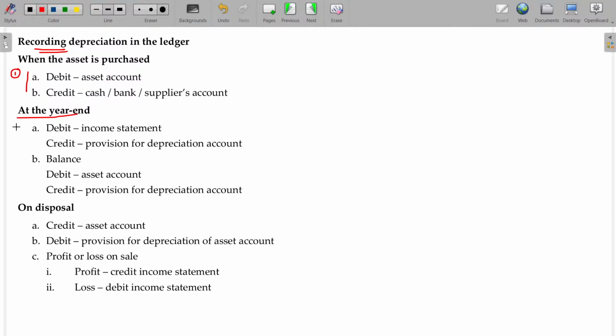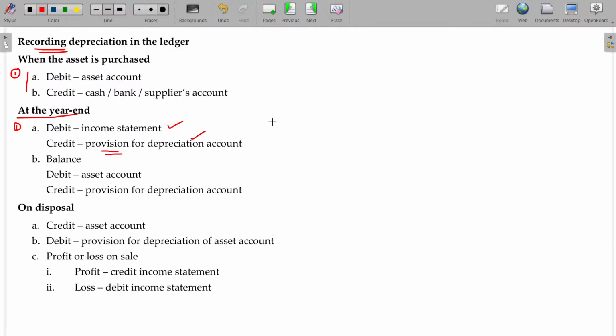At the year end, what do you do? First step, you have to create the depreciation in your income statement. So what's the entry you pass? Income statement debit and provision for depreciation account or accumulated depreciation account credited.